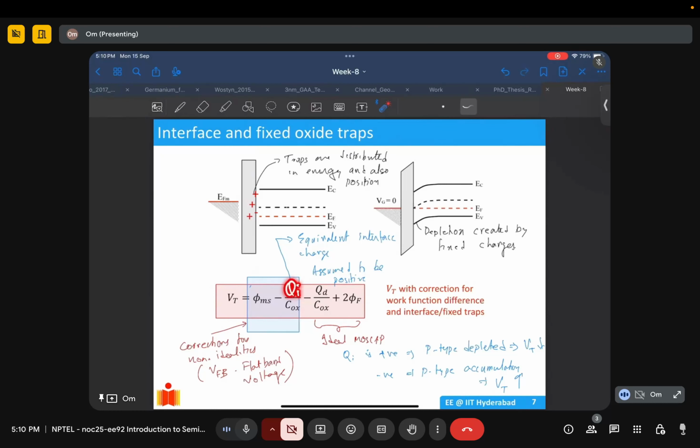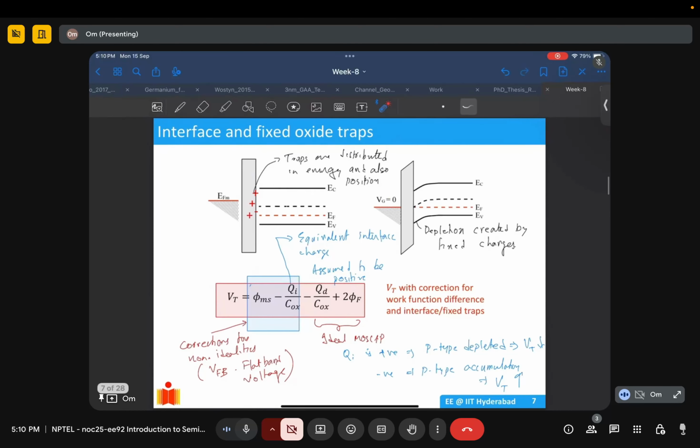If Qi is positive, your holes will be repelled, electrons will be attracted to the surface. So you will have a depletion even at Vg equals 0. So your positive charge is reducing your Vt. Now this another term adds to our flat band voltage. So now for flat band condition, you have to apply phi ms minus Qi by Cox. This is your new VFB, flat band voltage.